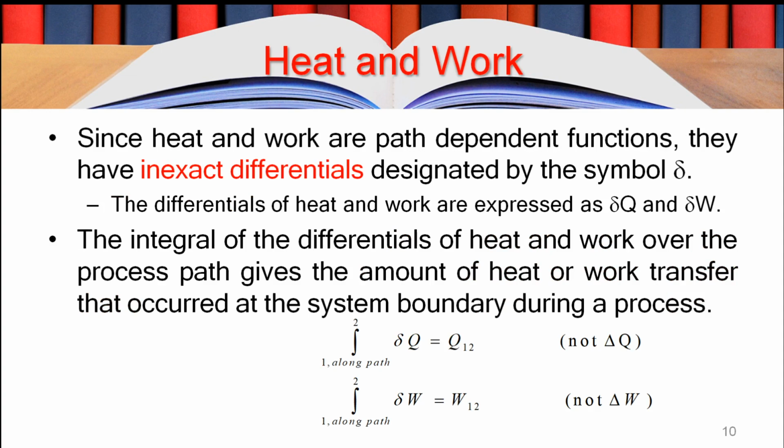Since they are path functions, they have inexact differentials denoted by small delta. The Greek symbol delta is employed: delta Q and delta W, not the capital delta. It is small delta Q and delta W.